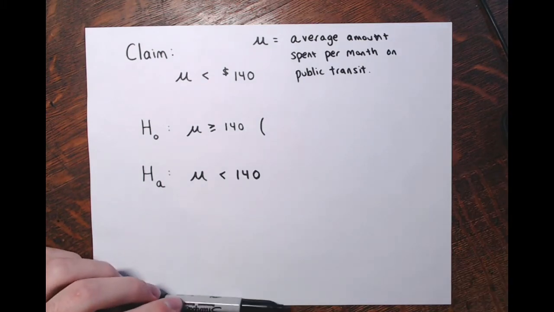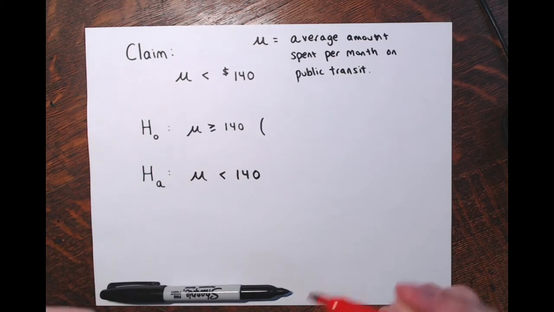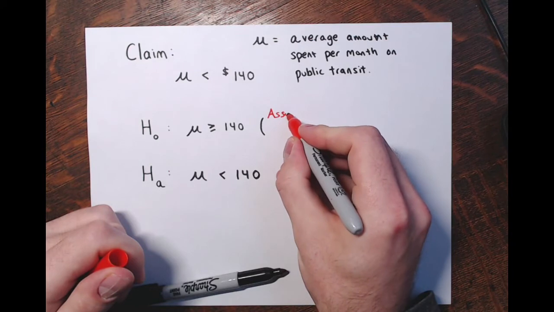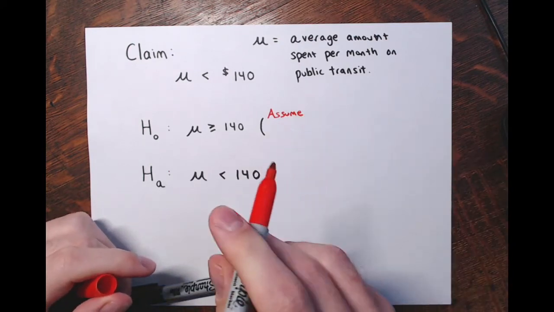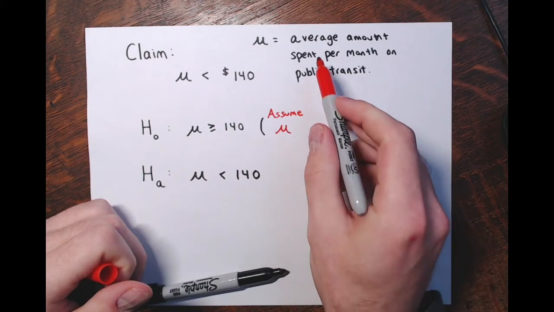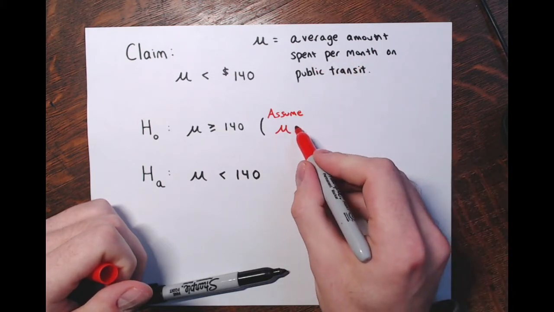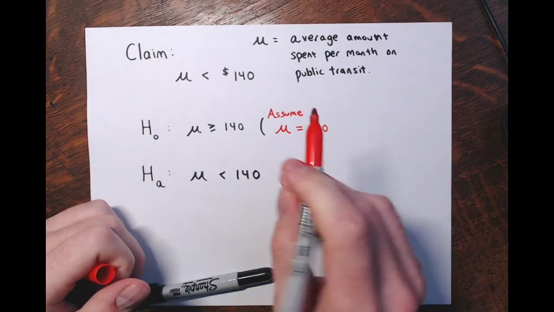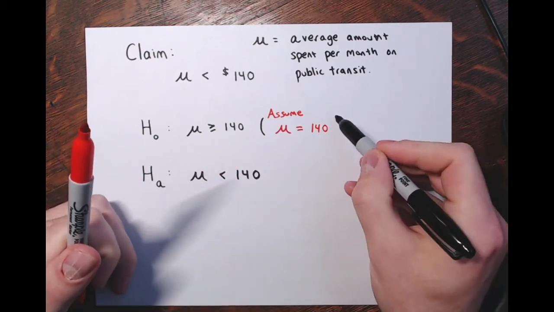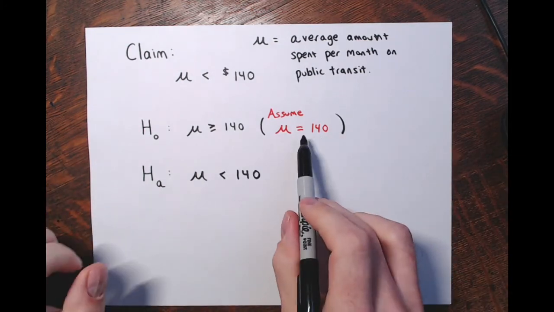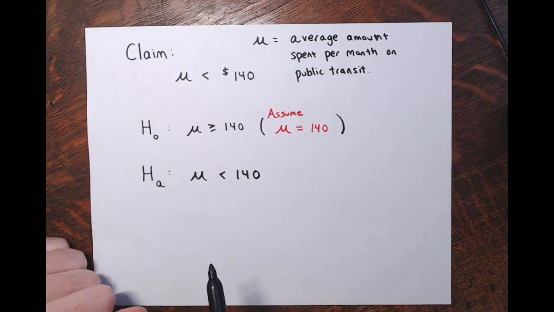They will just represent the null hypothesis this way, with what we're going to be assuming. We're going to be assuming that the mean, the average amount spent per month on public transit is $140. And this mu equals 140 will most likely be written as the null hypothesis.